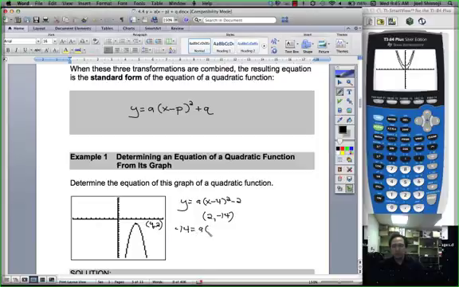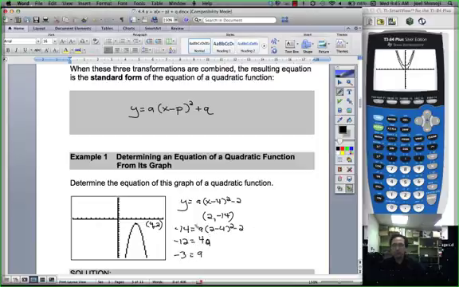-14 is going to be equal to a times 2 minus 4 squared minus 2. Okay, we'll just add 2 to both sides here, and this turns out to be 4a, and divide both sides by 4, so my a value is going to be equal to -3.